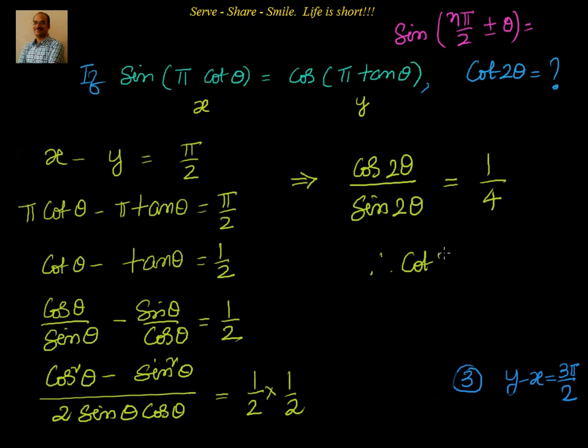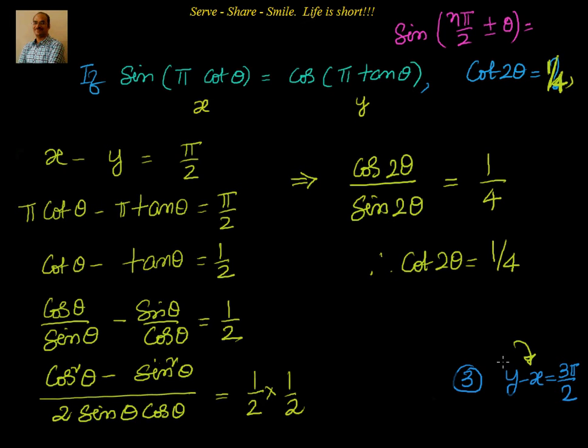Therefore one of the values of cot 2 theta is equal to 1 by 4. So one of the values is 1 divided by 4. We'll look for the other value from the next condition.